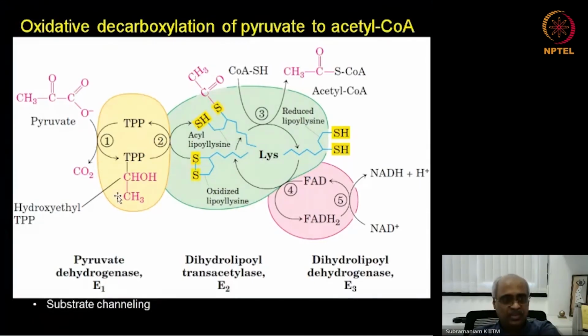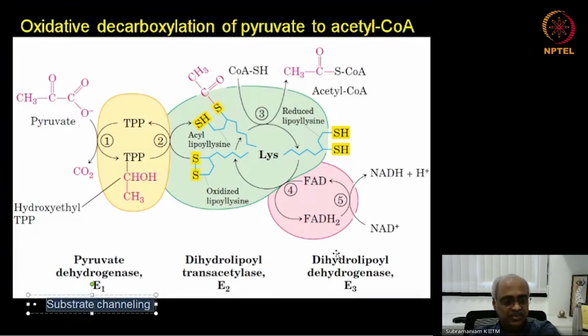This sort of direct transfer of substrate on the enzyme surface from one active site to another active site without ever releasing or diffusing out of the enzyme is what we call substrate channeling.